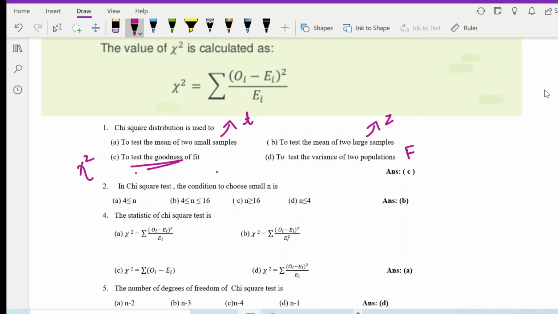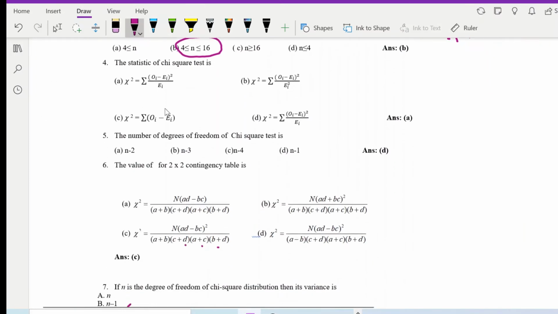And for the chi-square test, the condition for selecting small n is that it should lie between 4 and 16, that is 4 and more than 4, 16 and less than 16. The sample size for chi-square should be greater than or equal to 50.